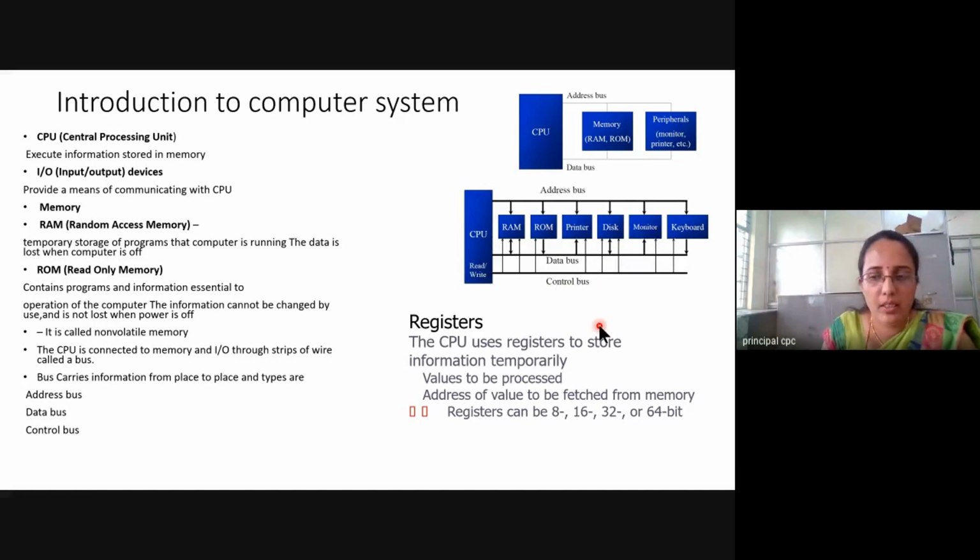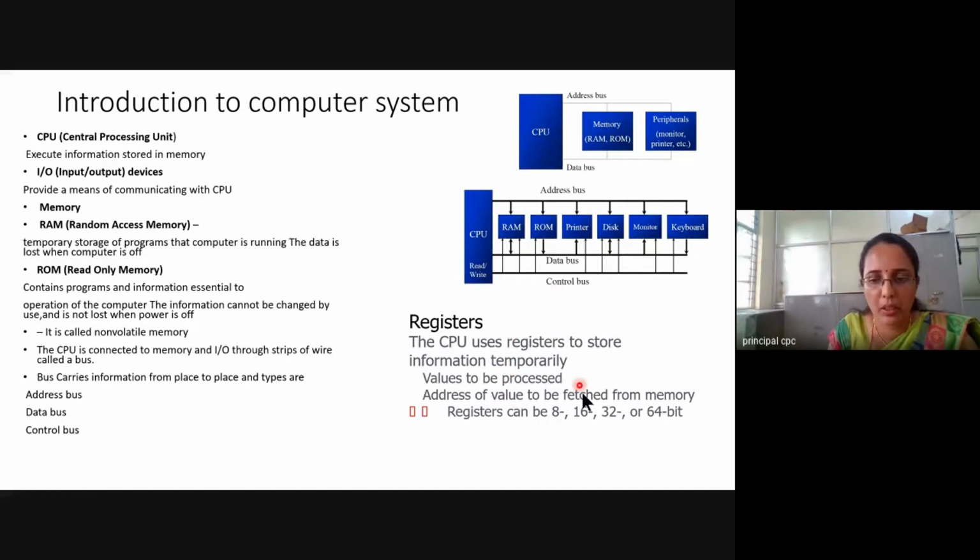So the next topic is registers. In computer systems, we use registers to store either data or addresses. Registers are the devices used to store data, values, as well as addresses.